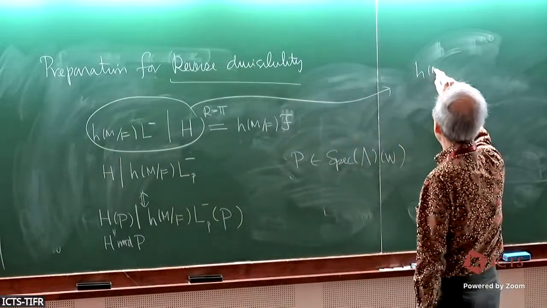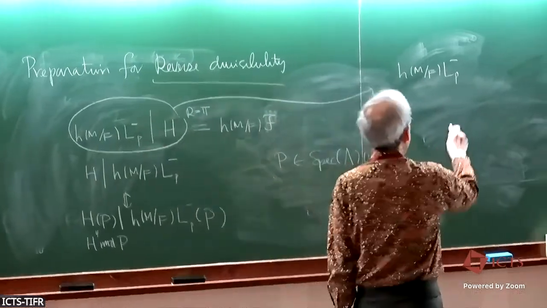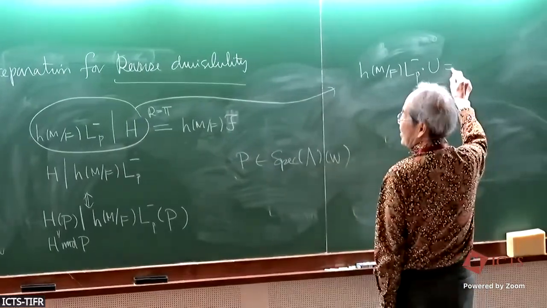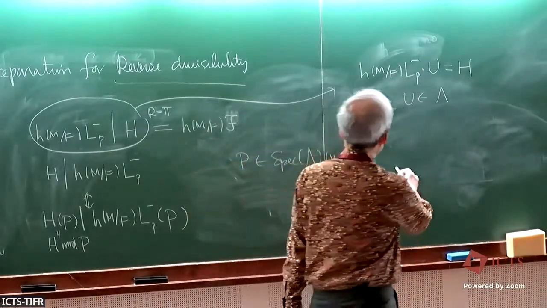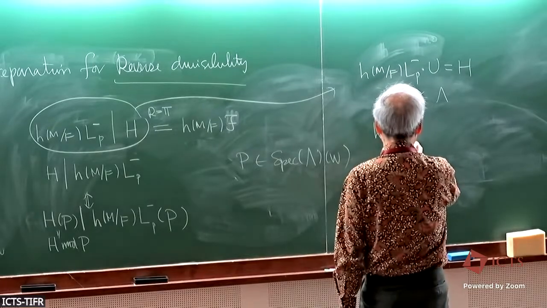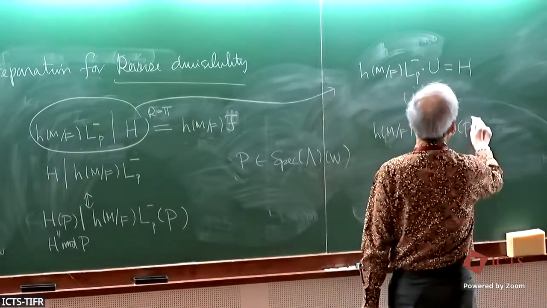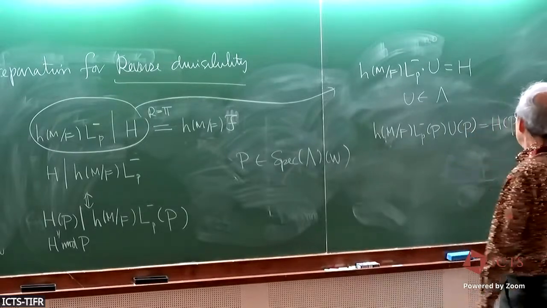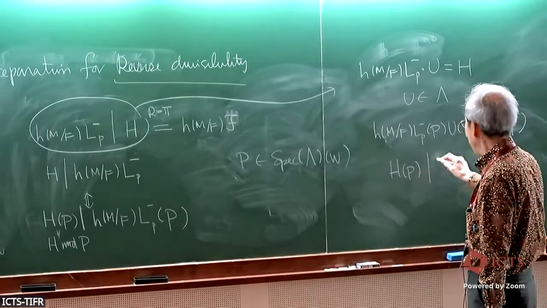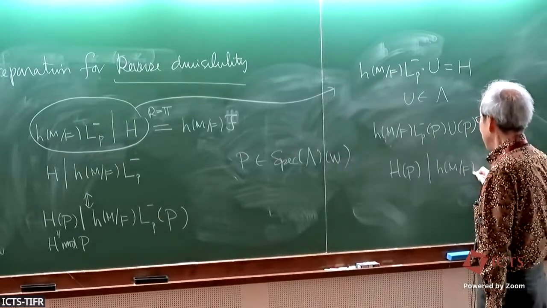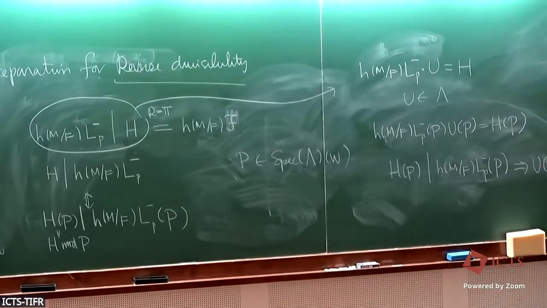So H_MF L minus P, I got P here, times some power series U in Lambda is equal to H. Then you reduce it modulo capital P. If you can prove actually H_P divides H_MF, L_P minus P, if you can prove this, it implies U_P is a unit.